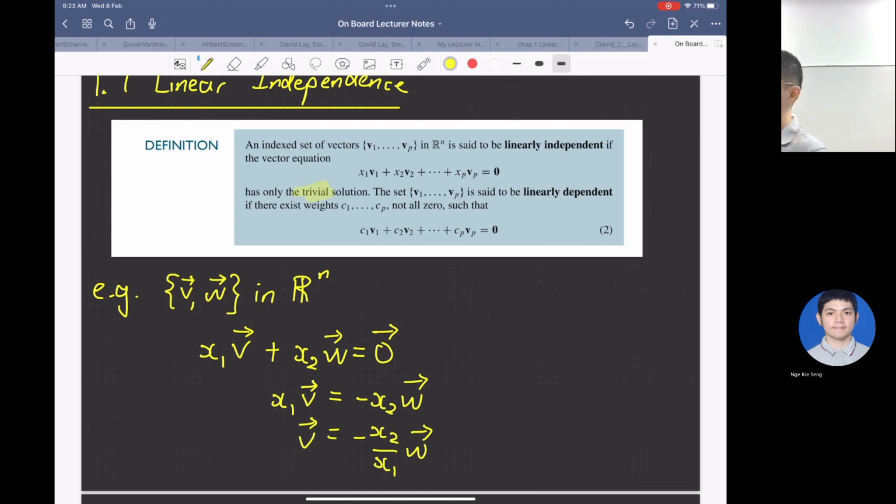So this says that if V hat is a scalar multiple of W hat, then there exists a non-trivial solution here. So maybe it doesn't make sense to use it. Okay, so let's look at two.